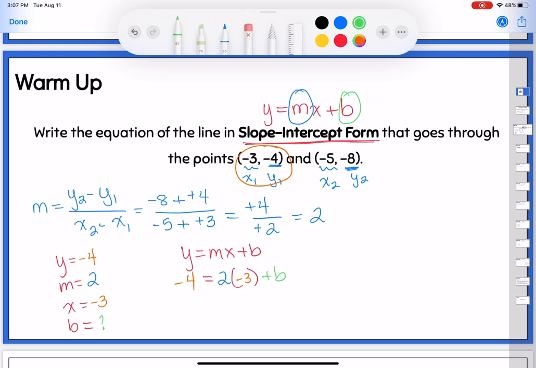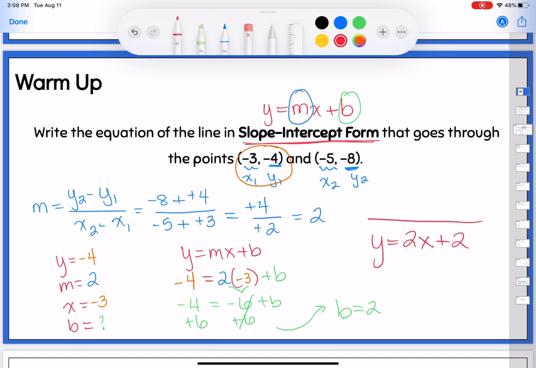So let's see, that means I have -4 equals -6, because 2 times -3 is -6, plus b. I'm going to add 6 to both sides. So I ran out of room here. So I get b equals positive 2. So now I have my slope, I have my m, I have my b, so I can write my equation of my line, which would be y equals 2x plus 2.